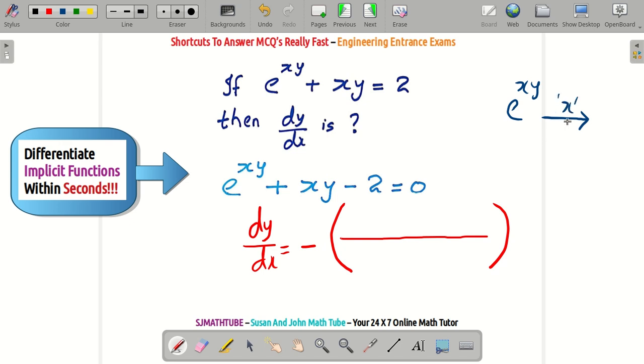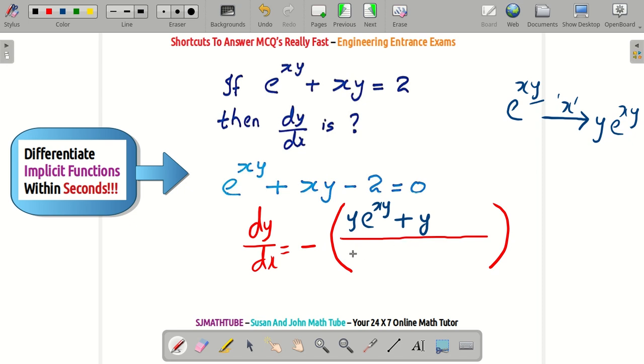That is, you assume x to be the only variable. That means y is a constant. So you're going to end up with y e to the power xy. So that's it. y e to the power xy plus, what about x into y? That will be y into 1, and minus 0.